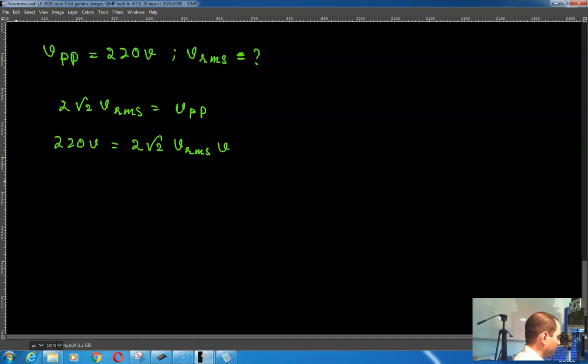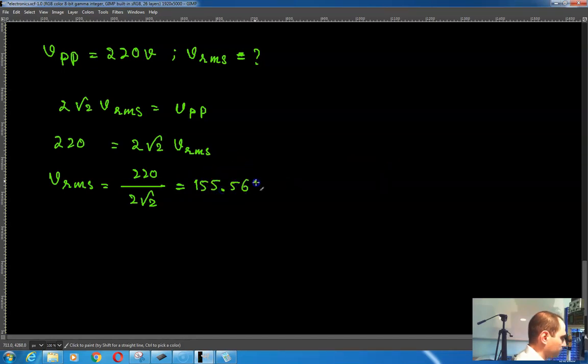That basically means that V of RMS is equal to 220 divided by 2 square root of 2, which is equal to 155.563 volts.